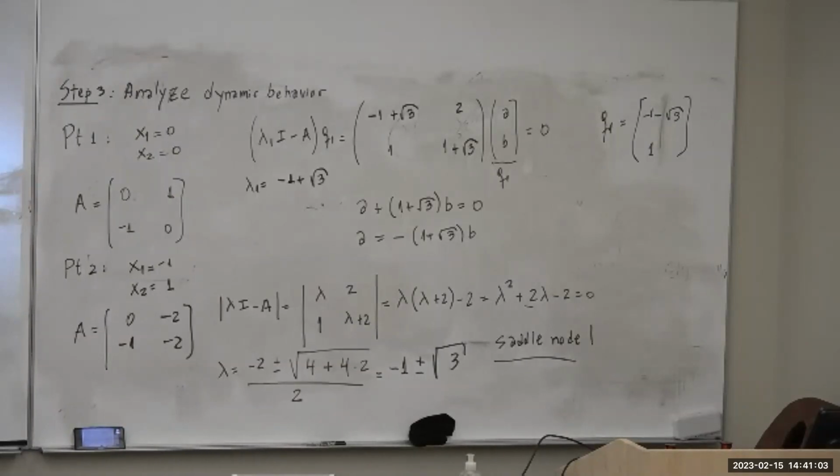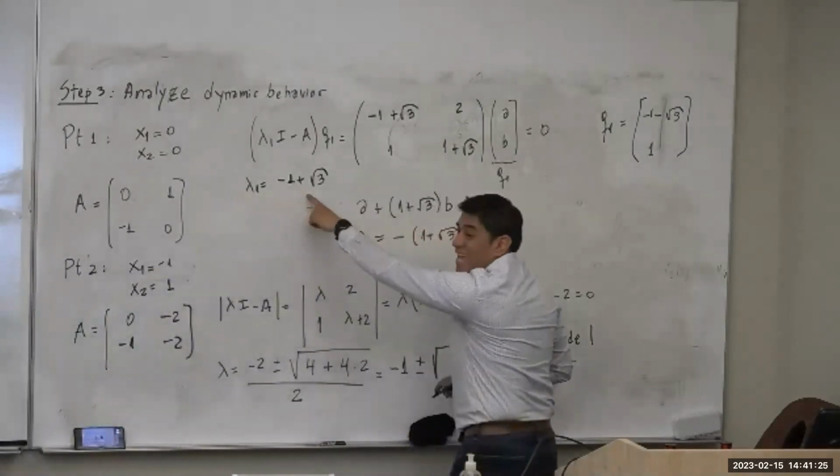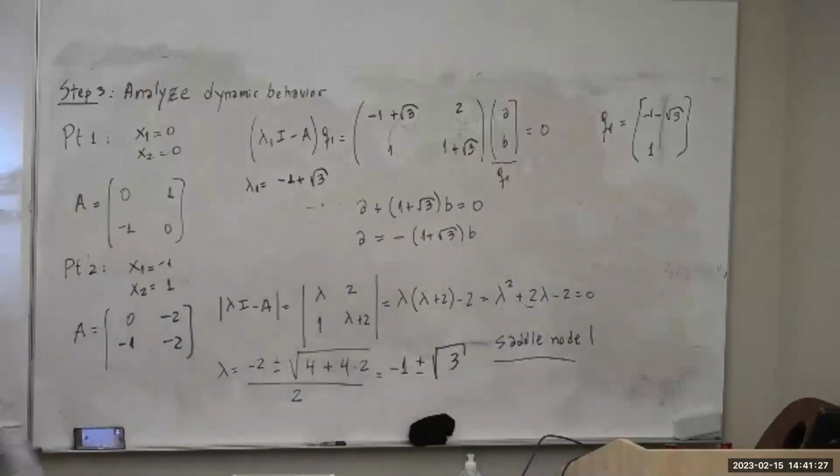Here you have 2.73. You have another point, so we can trace that eigenvector in that direction. Of course, this eigenvector will be a good description when we're very close to the saddle node. And this is going to be the one related to the unstable eigenvalue. So if we get close to this eigenvector, then this will push us away from that saddle node point, right? We need to do the same thing for the other.